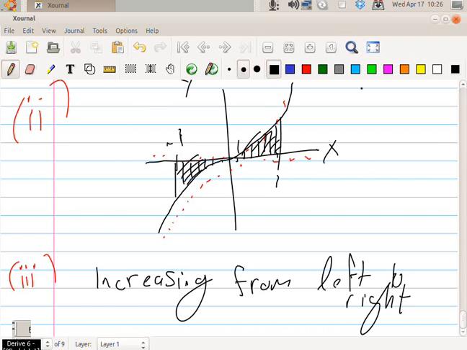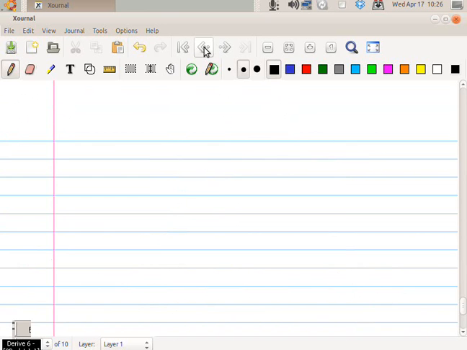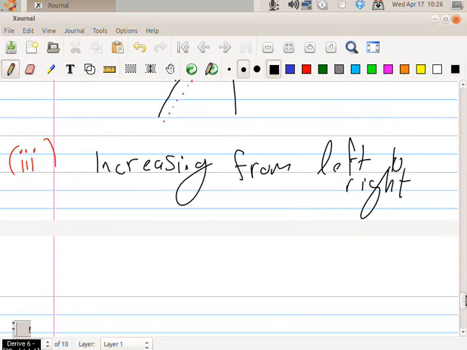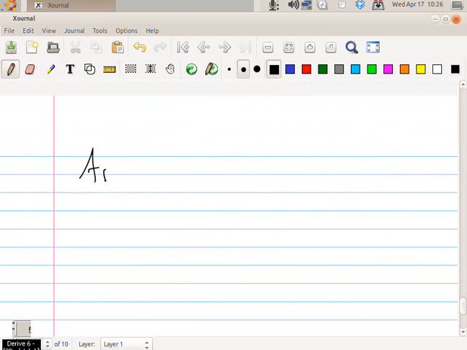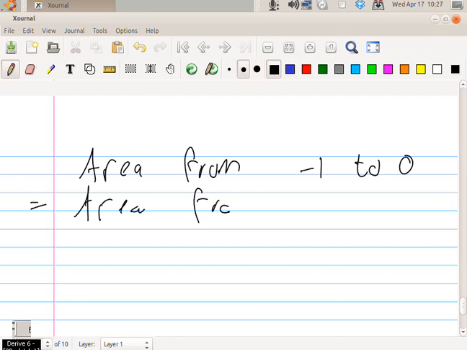So you could say the area from -1 to 0 equals the area from 0 to 1. Something like this.